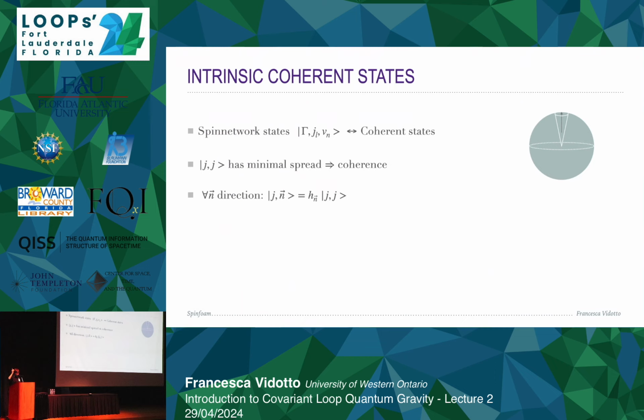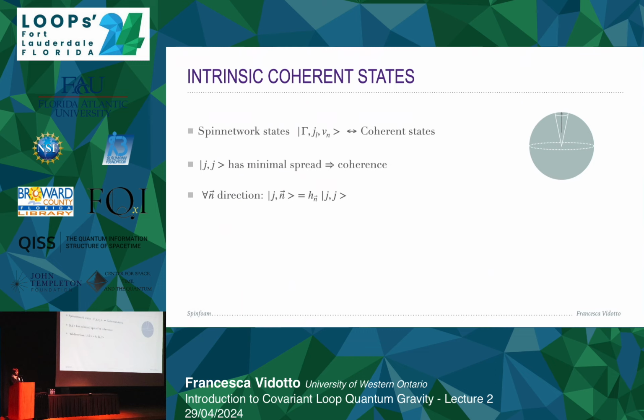But we can select a special class of states that are just the analog, in the case of states defined with group variables, of the coherent states that you know from quantum mechanics 101. In quantum mechanics, you have seen how to write states that are peaked with a minimal spread in a certain position and in a certain momentum.